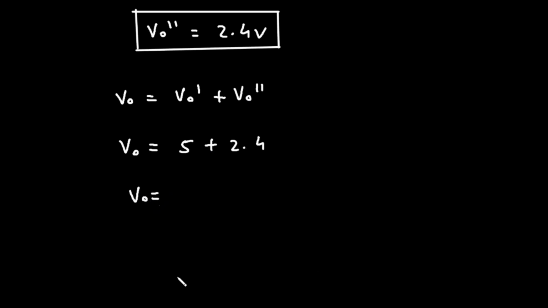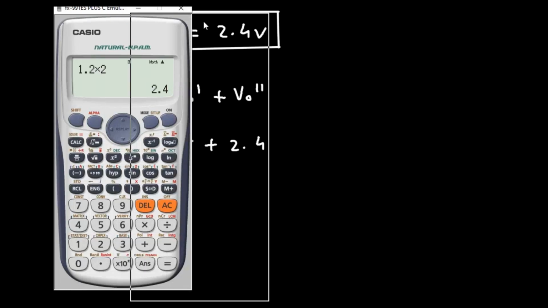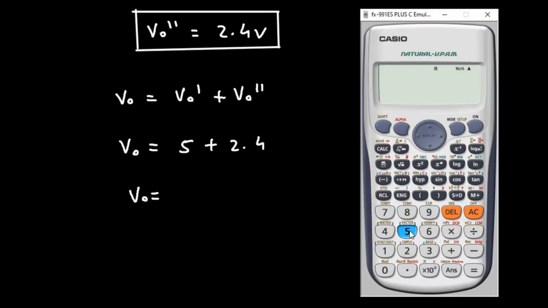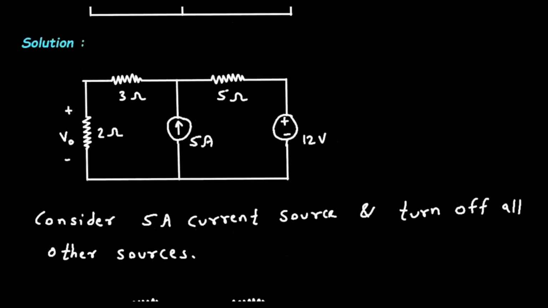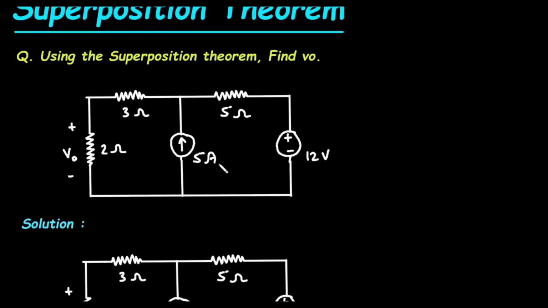So VO is equal to 5 plus 2.4, which is 7.4 volt. So this is the voltage across this 2 ohm resistor caused by these two sources.